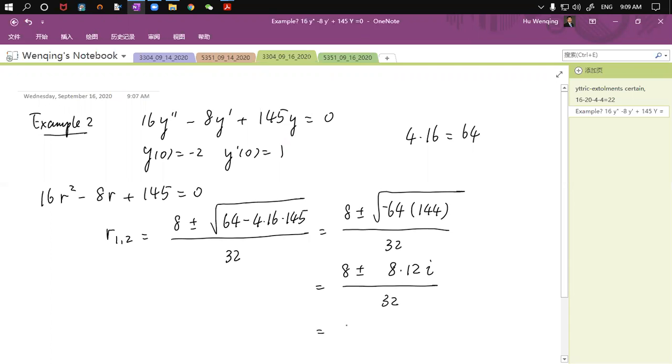So the solution is going to be 1 over 4 plus or minus 3 over 4 times i. That's the common real and common complex part. So the common real part is 1/4, the common complex part is 3. That's how you cook up the solution.